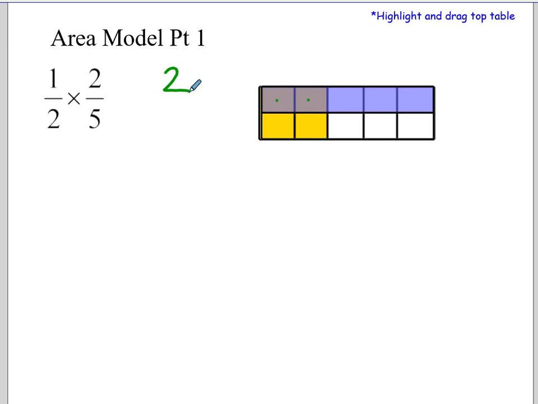Well, if you look at the total number of squares here, there are 10 little rectangles. So each one of those rectangles is 1/10 in size. So we have 2/10 that share both colors. Now you might see some connections and some patterns here because we've done some other things with equivalent fractions. Keep those to yourself for now. We're going to explore a bit more.